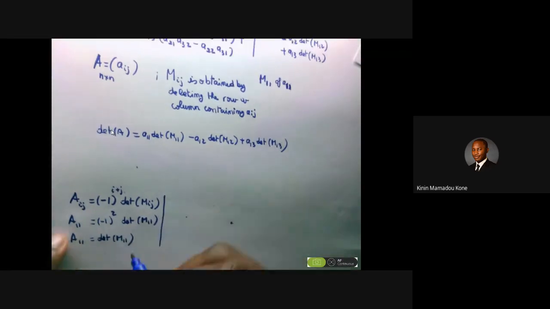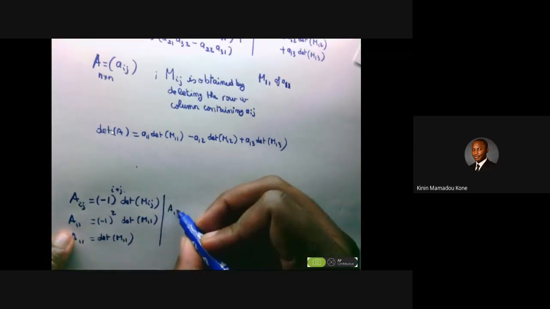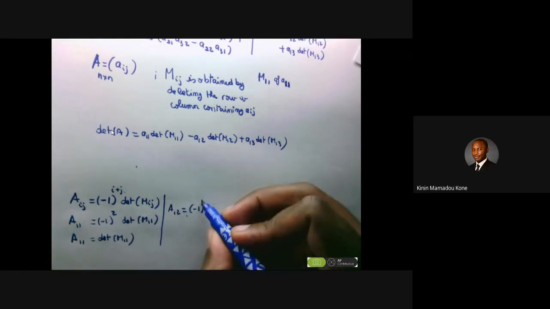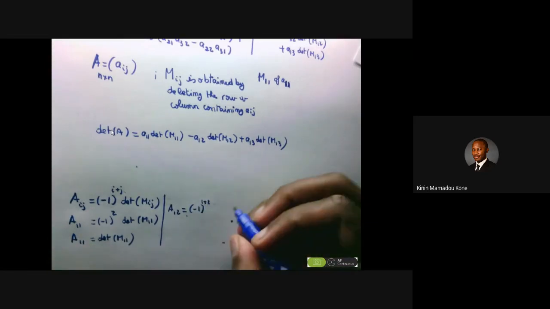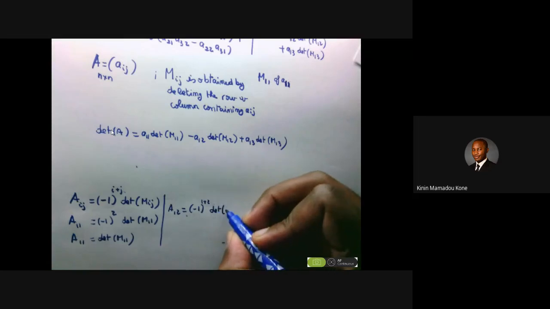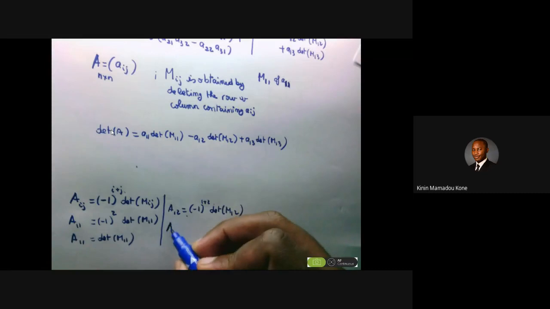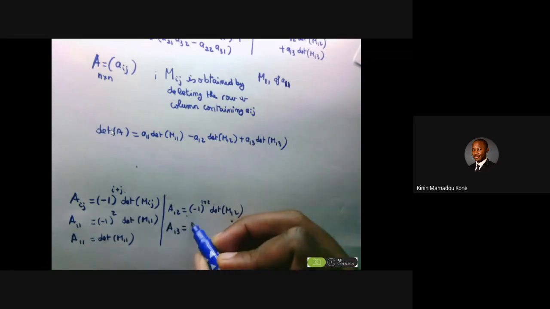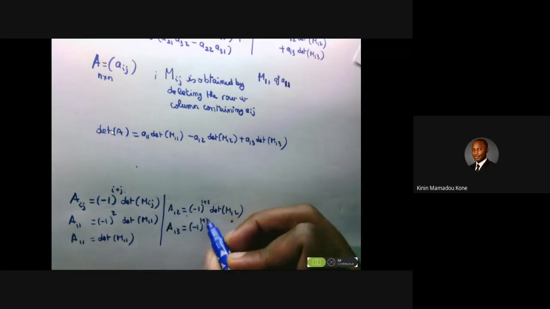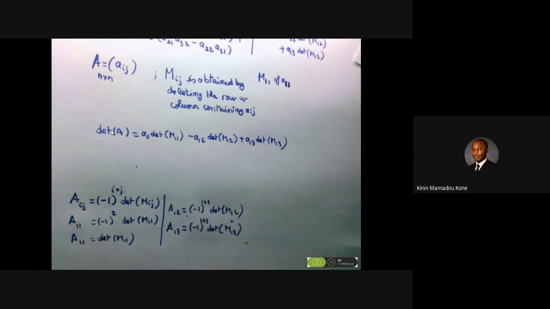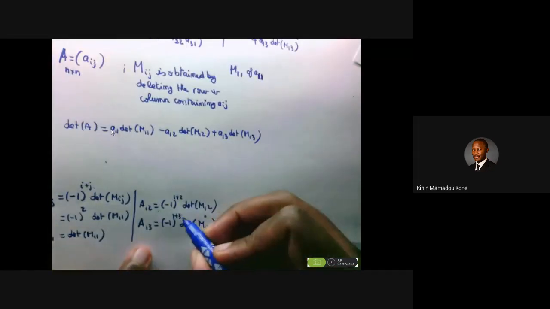Now, if I'm looking for A12, it is going to be negative 1 raised to the power 1 plus 2, which is 3, and the determinant of M12. If I'm looking for A13, it's going to be negative 1 raised to the power 1 plus 3, determinant of M13, like this. I haven't finished this one, by the way. I'll come back to it.